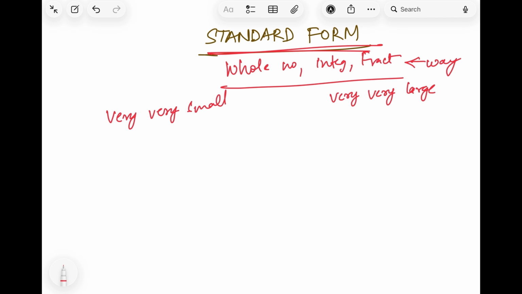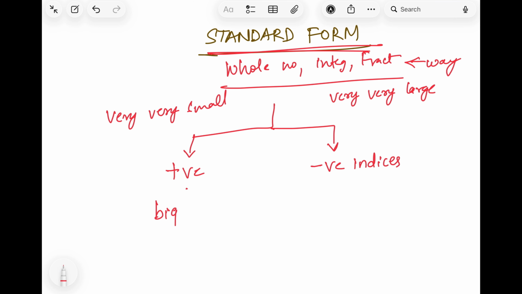In standard form, we can say there are two indices. First is the positive index, next is the negative index. Very big numbers are written with a positive index, and very small numbers are written with a negative index.